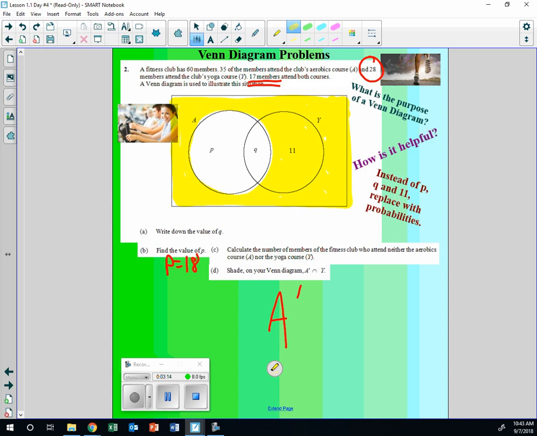Now we're going to look at Y, and I'm going to color it with blue, but wherever the blue meets the yellow, what color is it? Green.